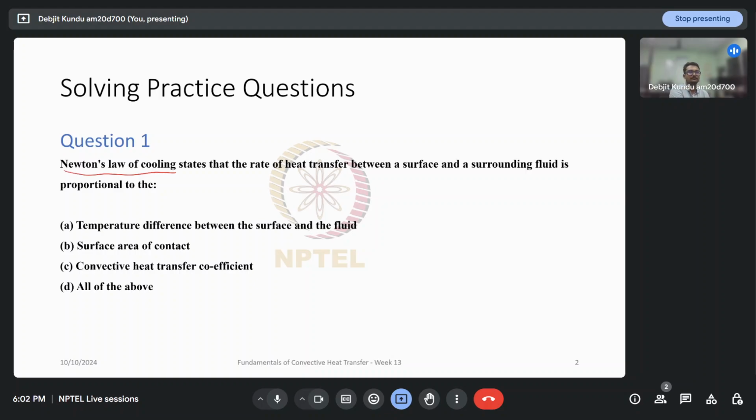There are four options: A, the temperature difference between the surface and the fluid; B, the surface area of contact; C, convective heat transfer coefficient; and D, all of the above. That is, Newton's law of cooling is proportional to all of them. Read the question carefully and pick out your correct option.